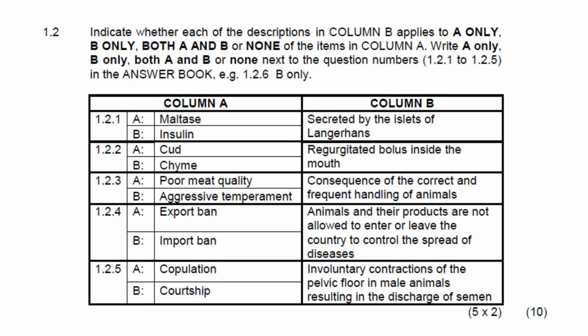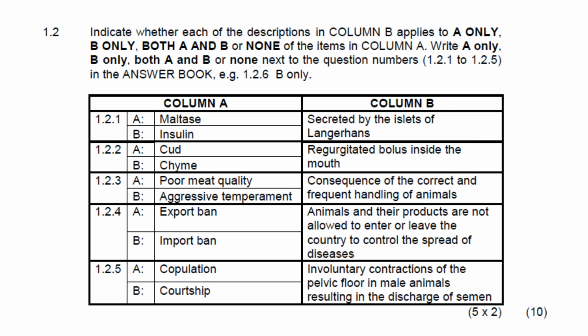Why? Because maltase is an enzyme that breaks down maltose. Insulin is secreted by the pancreas, which is the islets of Langerhans, to regulate blood sugar, right?